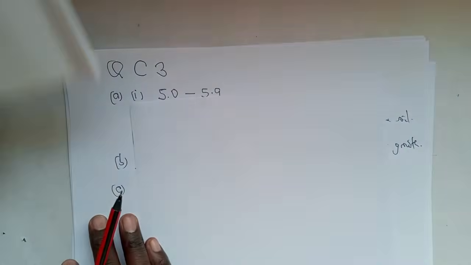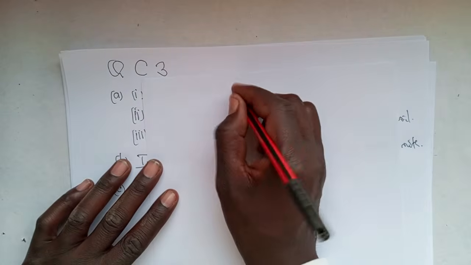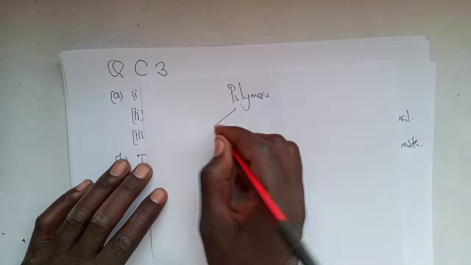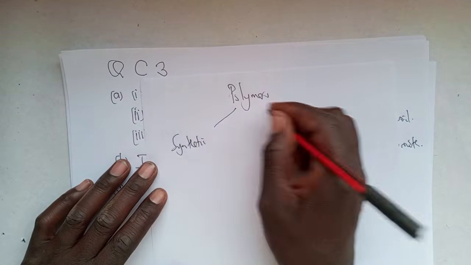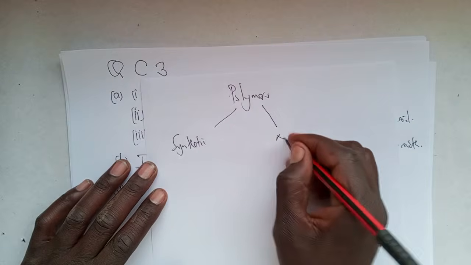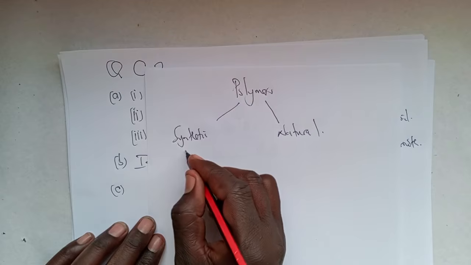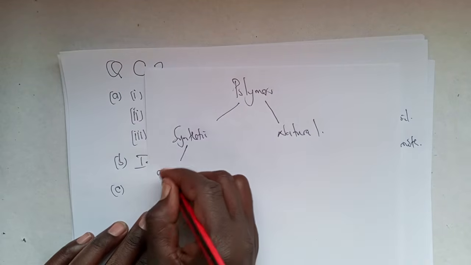The second one is macromolecules, or natural polymers. So when we talk about polymers, there are two types: synthetic or artificial and natural. Under synthetic, there are two that we look at. One, addition.